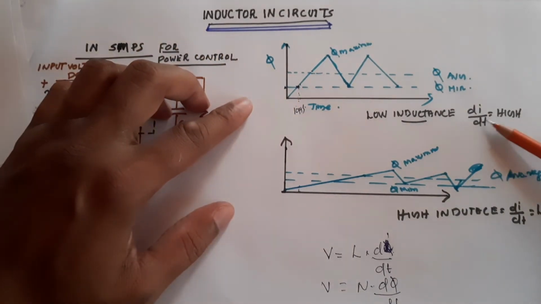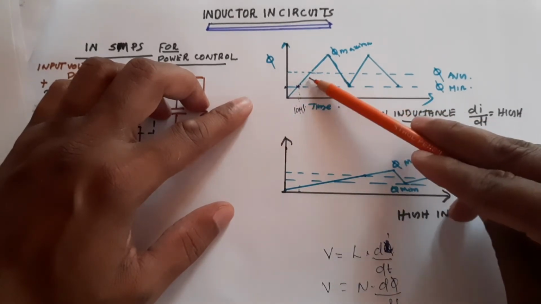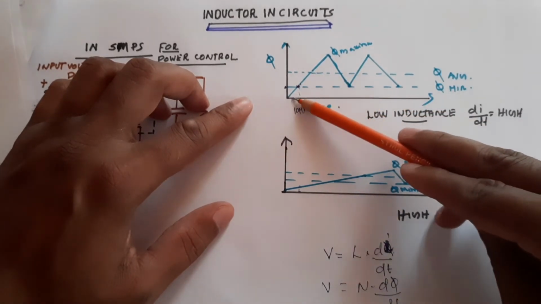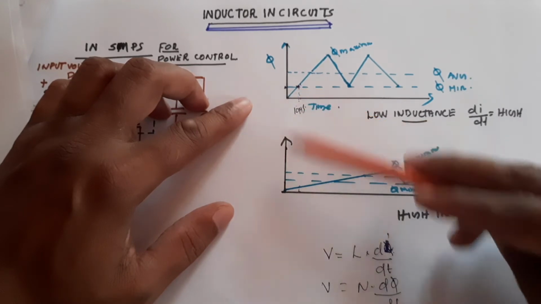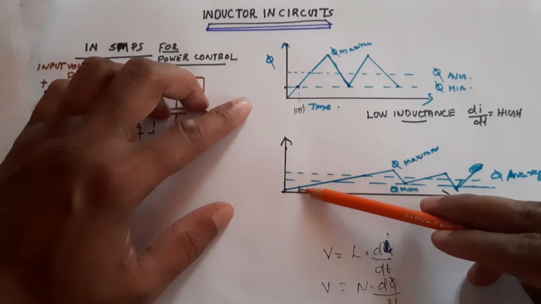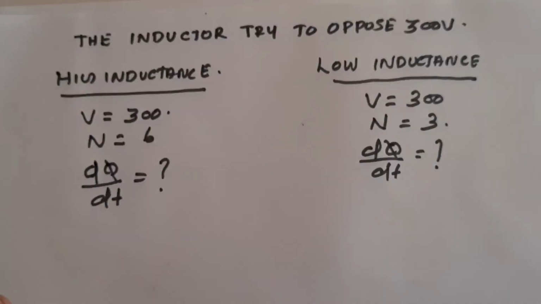If we take an example, let's see how the waveform comes. This waveform has more dφ by dt, that is more change, and the slope is more. In a particular time the flux changes from 0 to a larger value. The change is very small in the high inductance case compared with the low inductance case.